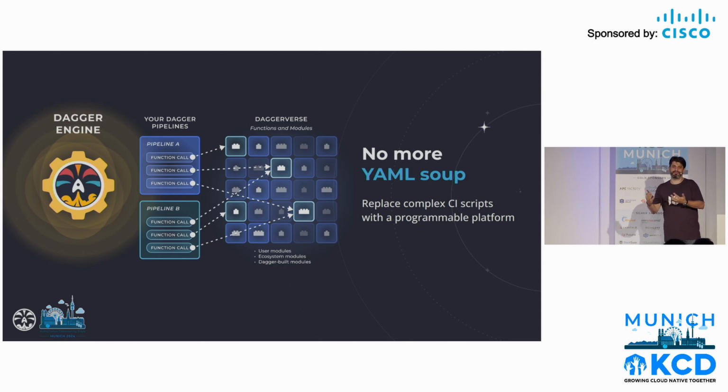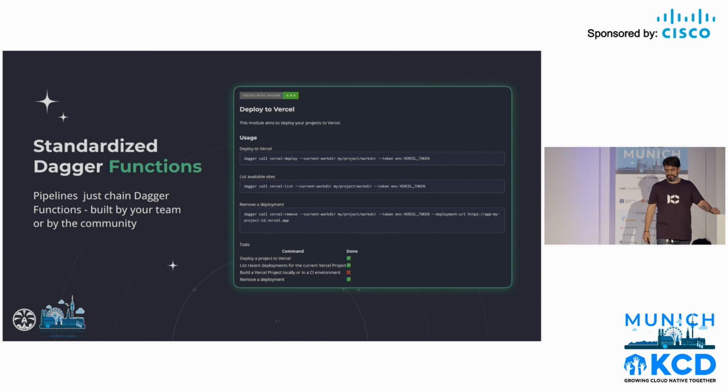You can just say that, yeah, I can do the same thing with a shell script, but again, maintaining those shell scripts will be really hard to do. There are some standardized Dagger functions, and you can build your own, or you can use the ones that are created by the community.